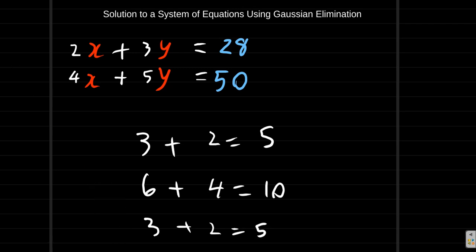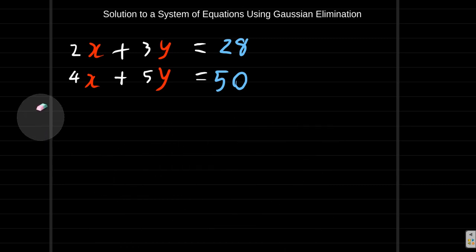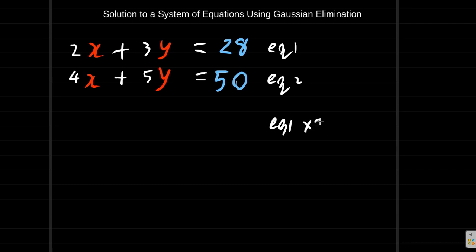So, as you remember, when doing the elimination method, you can always multiply an equation by a number, whether it's a whole number or a fraction, or you divide. You can always add two equations to get a third equation which is valid. Now, suppose we call this equation 1 and this equation 2, and we multiply equation 1 by 2.